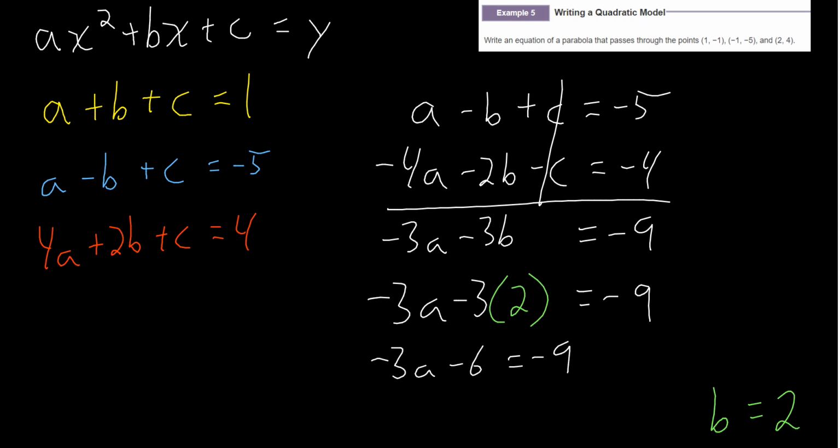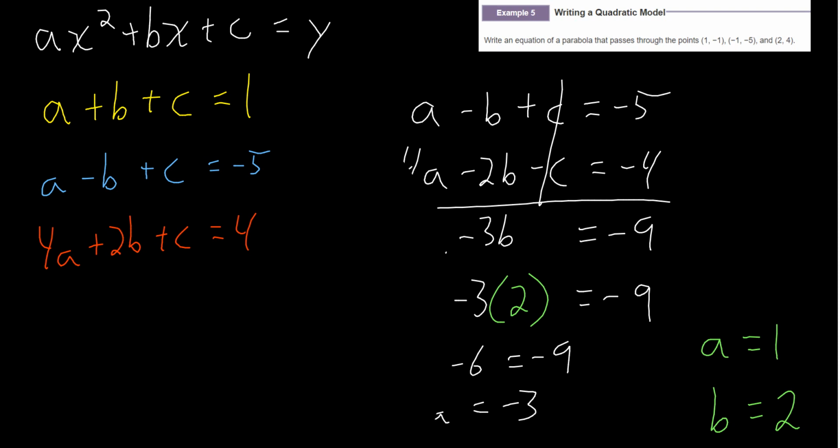If we add 6 to both sides, we have negative 3a is equal to negative 3, and so this tells me a is going to be equal to 1. Okay, so let's go ahead and erase all this now.